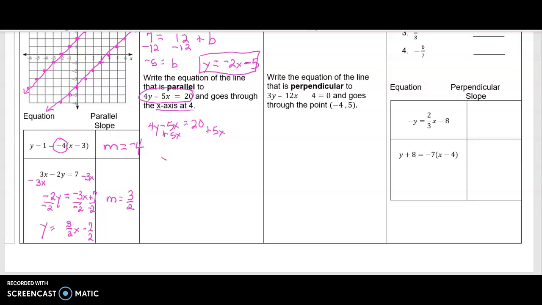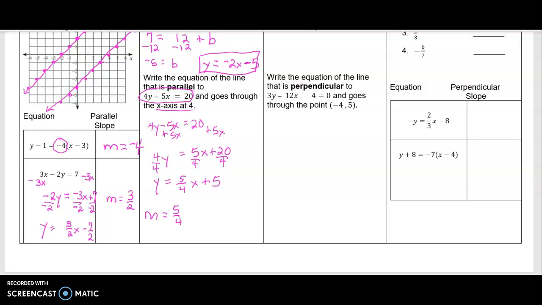And we have 4y is equal to 5x plus 20. We divide by 4. And we have y equals 5/4 x plus 5. So our slope is positive 5/4.